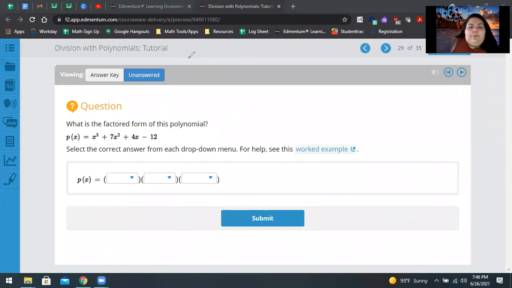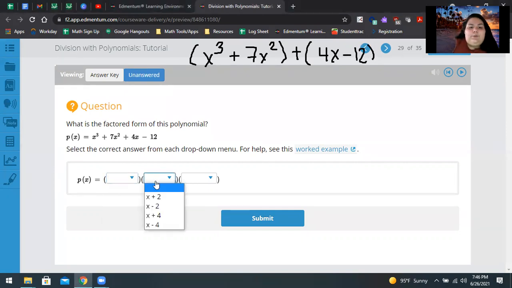So if I group the first 2 terms, so that is x cubed plus 7x squared, and plus parentheses, we group the last 2 terms, 4x minus 12. We're trying to find the factors. Just let's go ahead and jump into this.